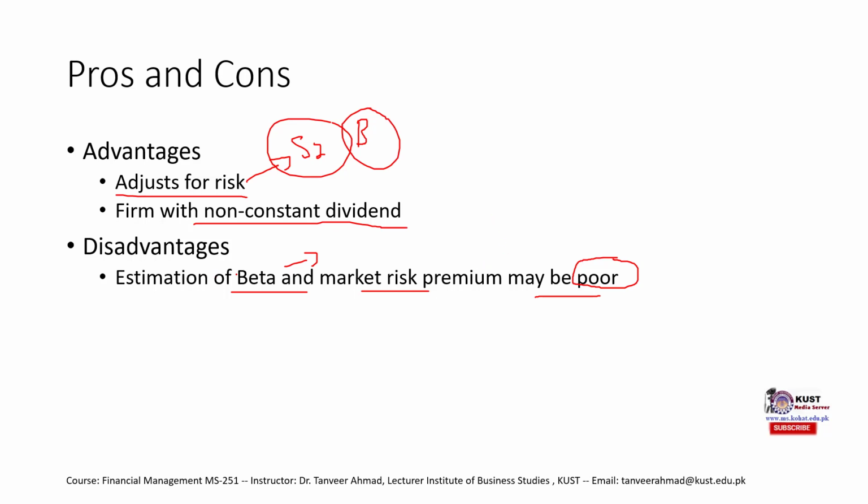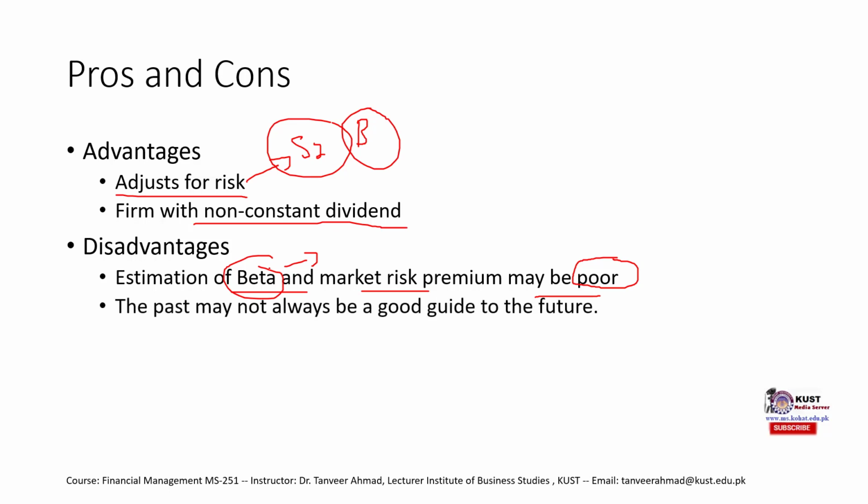As with the dividend discount model, where we estimated the growth rate based on historical data or analyst forecasts, if our estimate of the growth rate was not good, then our dividend discount model won't give us an accurate picture. Similar is the case with CAPM. In CAPM, we estimate the beta value, and if beta is not accurately estimated, then the cost of equity estimated by the CAPM model would not be a good estimate.